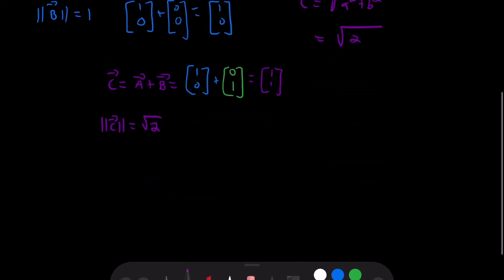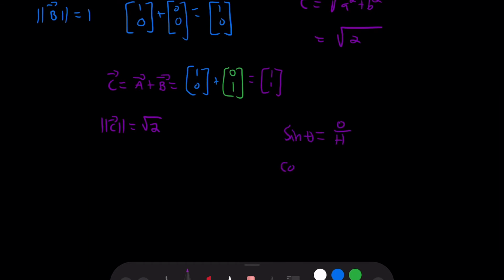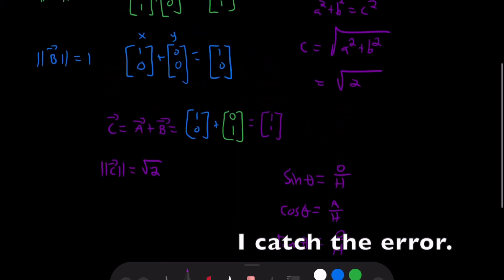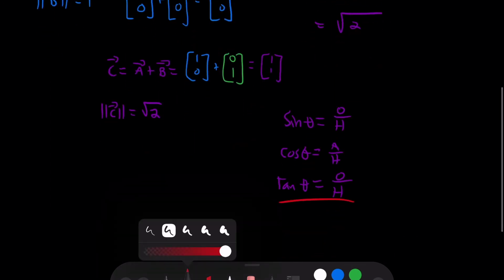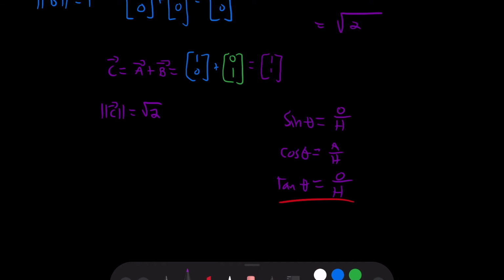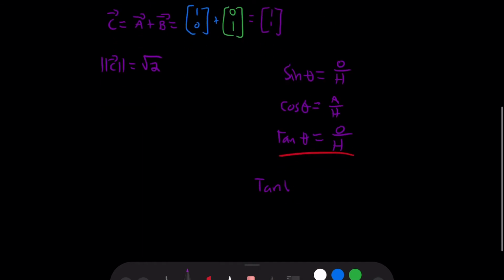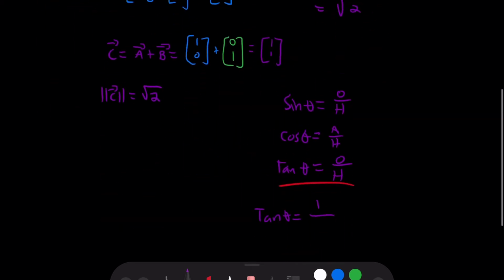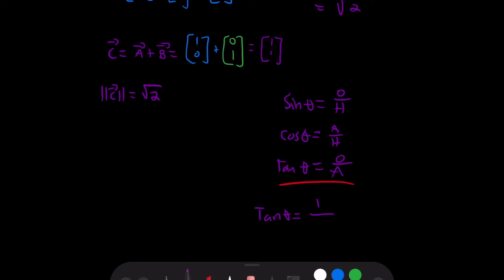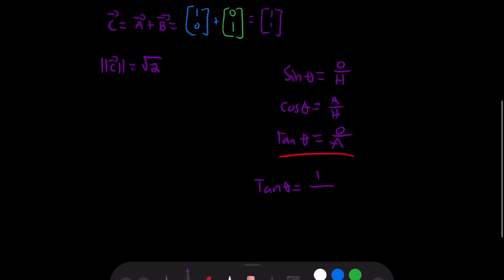Now when you want to find theta, we know that sine theta is equal to opposite over hypotenuse, cosine of theta adjacent over hypotenuse, tangent of theta opposite over adjacent. Okay, so we are going to use this one here, and we know that tan theta is equal to, our opposite side here has a length of 1, this should be A, adjacent. 1 divided by 1 is 1.